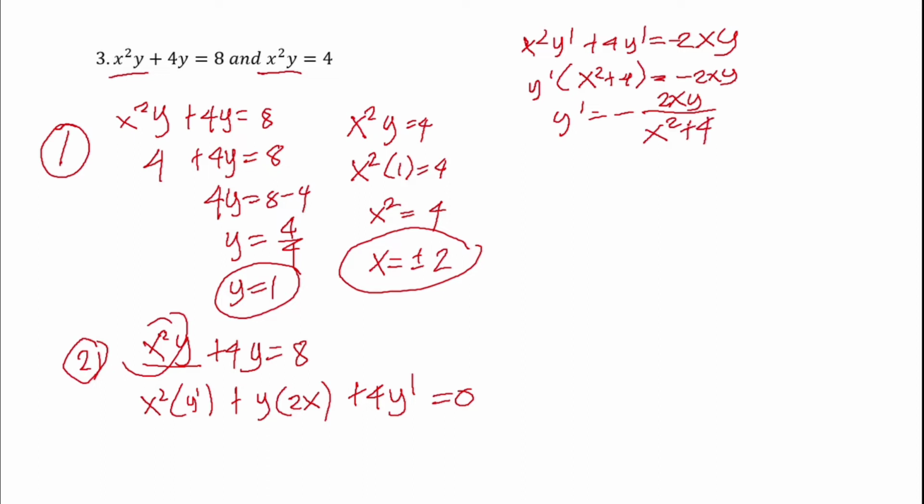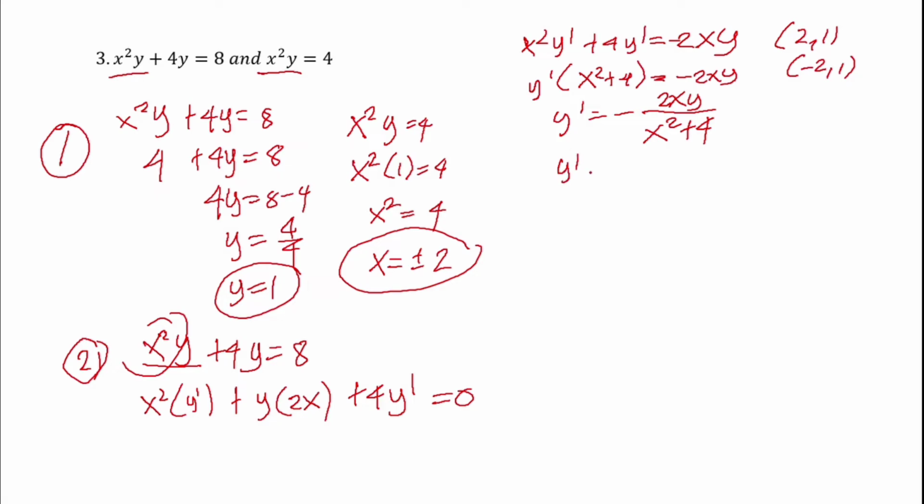At this time, we have to substitute the values for x and y. There are two points here: first is 2 and 1, and then negative 2 and 1. By substituting, we can have the result.